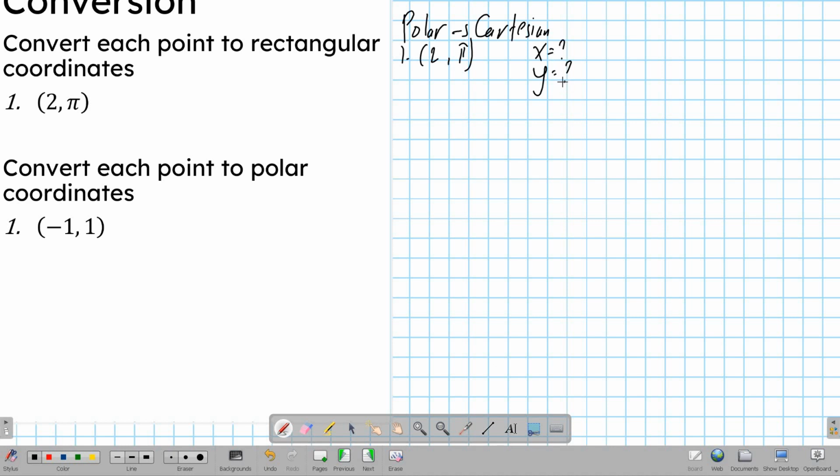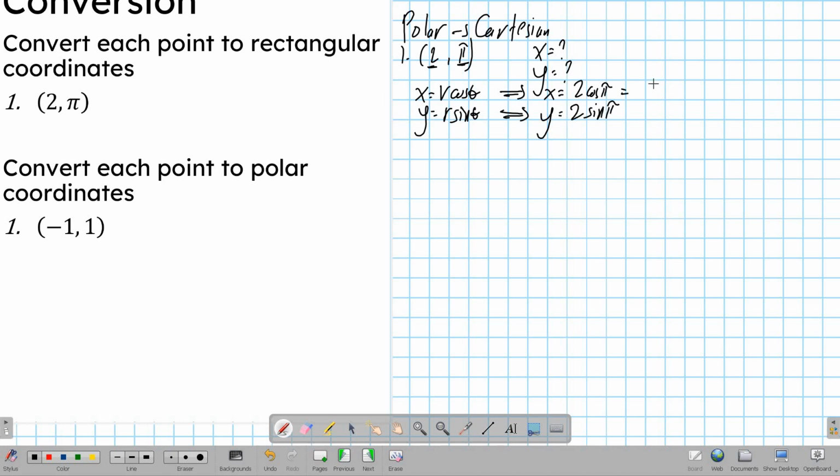From the formulas, we know that x is equal to r cosine theta and y is equal to r sine theta. You have r and you have theta. So the value of x would be equal to 2 times cosine theta, while the value of y would be equal to 2 sine theta.